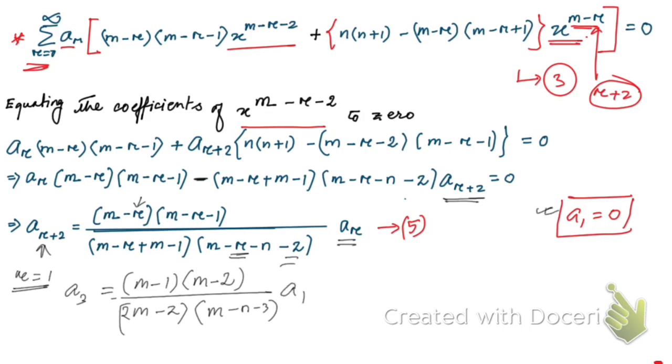As you see here, we have a1 equal to 0, so that means this term will be equal to 0 on putting a1 equal to 0 here.